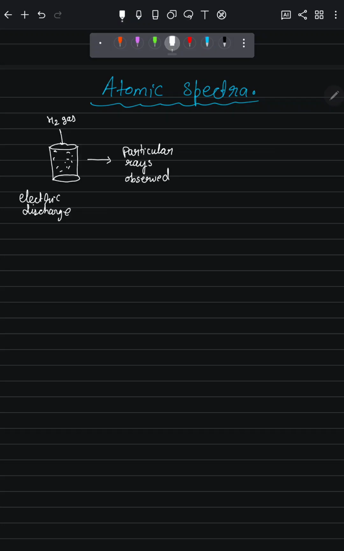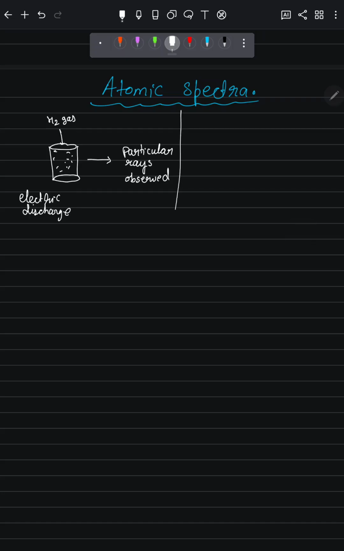Niels Bohr performed an electron discharge experiment, in which we place a cylindrical tube-like structure and hydrogen gas is filled there. When we perform some electric discharge, some heat or anything like that, and some energy is provided, then particular rays are observed. Not a pure radiation, but 2-3 colors will be seen.